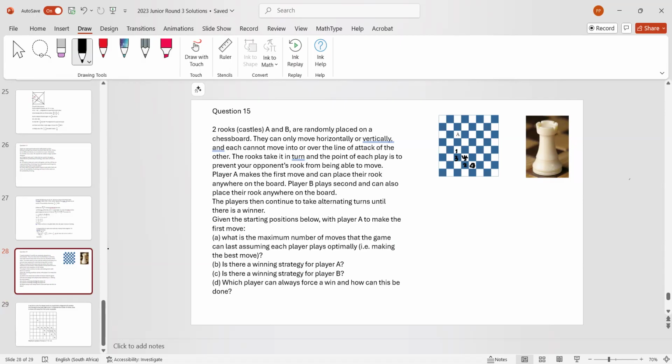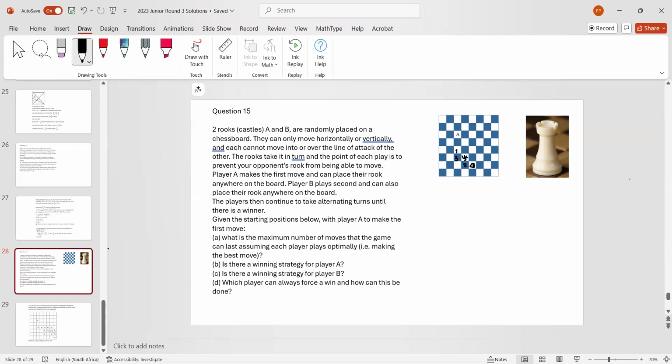B doesn't have a winning strategy, but I think the starting points can make a difference. I think if A and B are right next to each other, suppose A and B are next to each other in the beginning, right? And if A moves first, then A will lose.